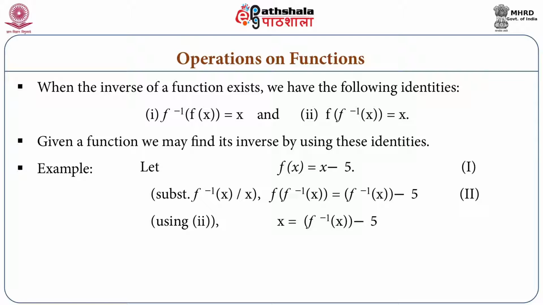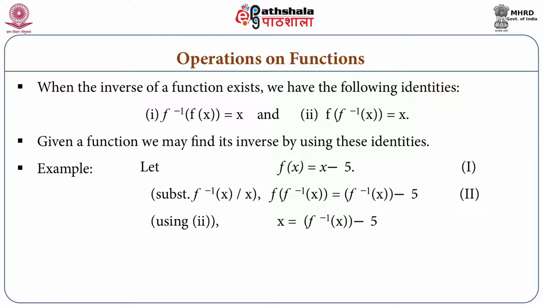Now if that is done, we have f(f⁻¹(x)) on the left hand side, and on the right hand side f⁻¹(x) minus 5. So using 2, the above equation we have seen as 4, using 2, that is f(f⁻¹(x)) is x, now we can have this step, x equals... so the whole thing has been replaced, the left hand side has been replaced by x.